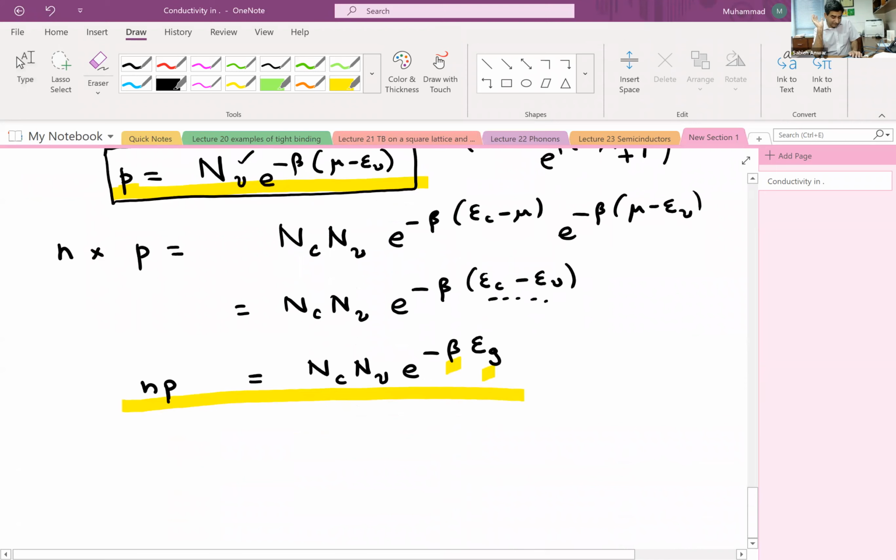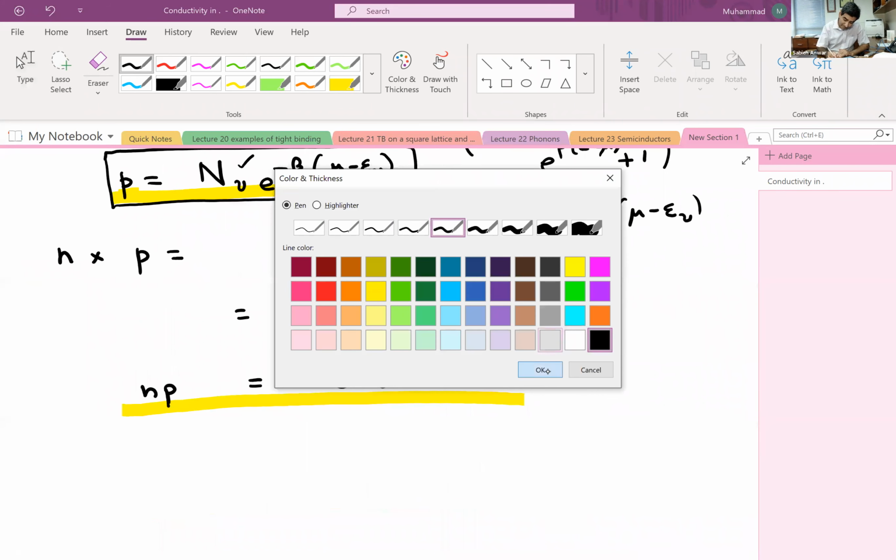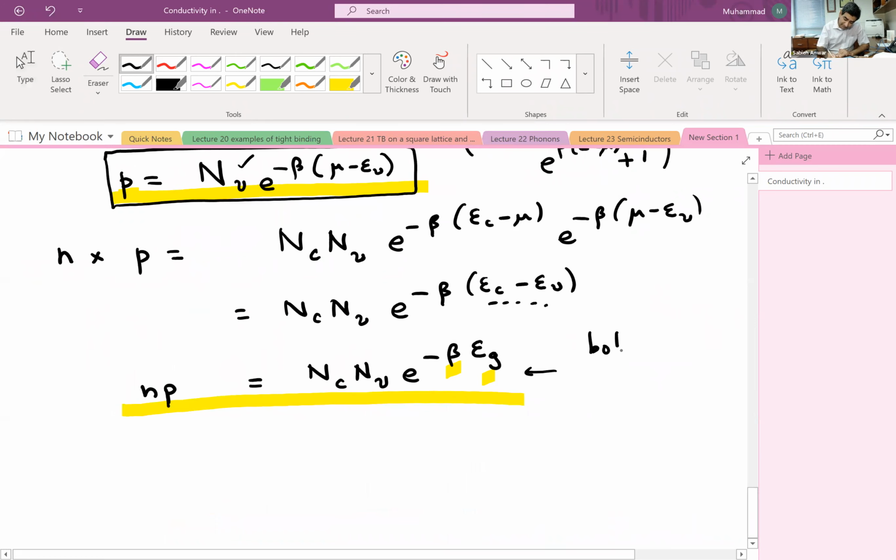Now, if I multiply n with p, I get a term that is independent of the chemical potential. So this expression is valid for both intrinsic and extrinsic semiconductors.